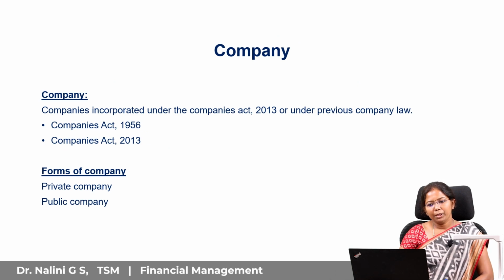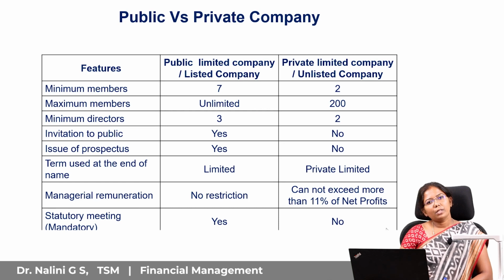Moving on to company, an entity registered under Companies Act 2013 or the earlier Act 1956 is called a company. There are different forms of company: private company, public company, even one-man company. Basic difference between public and private company, these are the differentiation.